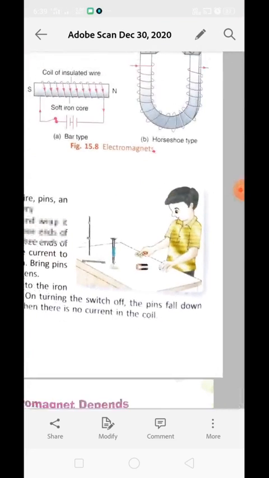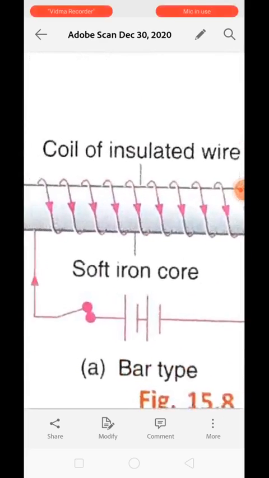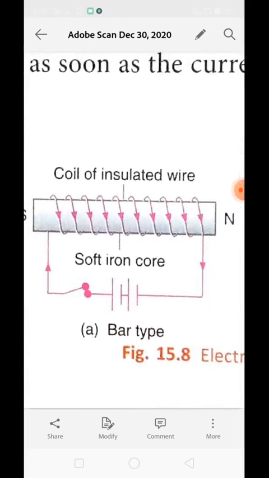We have already learned that we are coiling the insulated wire over a soft iron piece. So if this number is increased, the strength of the electromagnet will also increase. If the number of coils is decreased, then the strength of electromagnet will decrease as well.